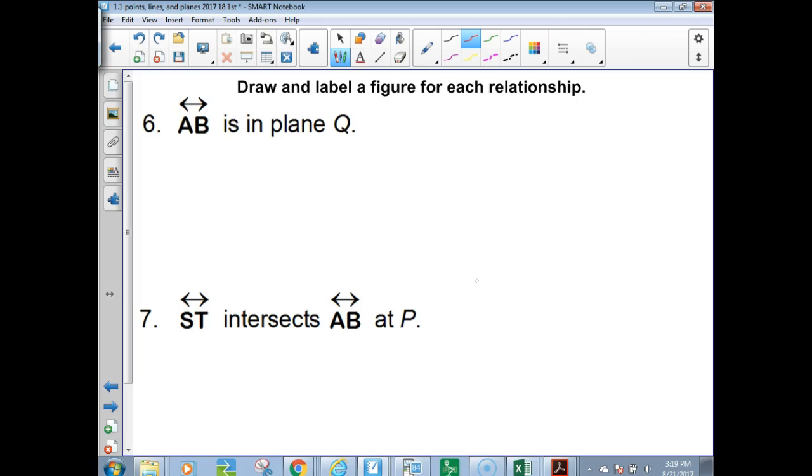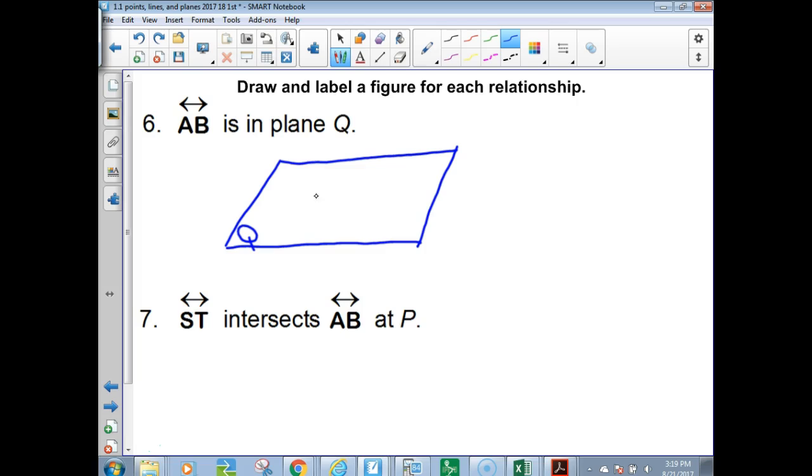All right, now we're going to draw a few figures for the relationships given. The line AB is in plane Q. What do we need to start with? What do you think we should draw first? The plane, and then put the line in it, okay? So make one of those parallelogram things. They can be really big if you want. I'm going to stick the Q in one of the corners. It doesn't matter if your Q is in a different corner than mine.